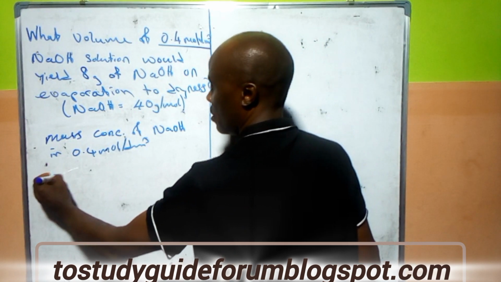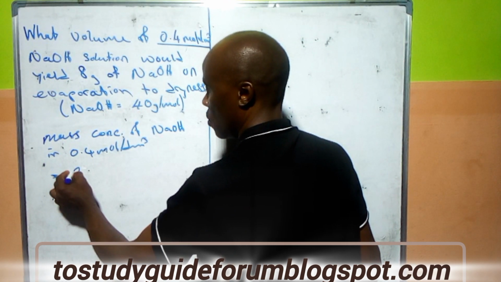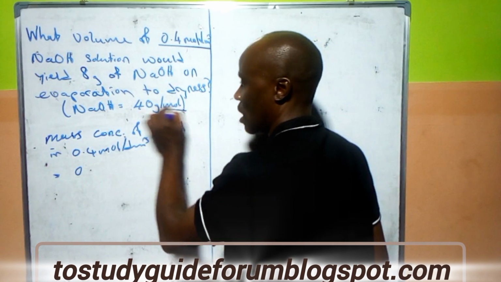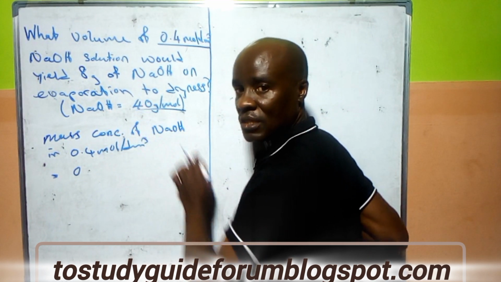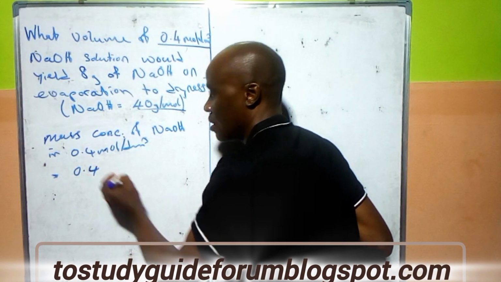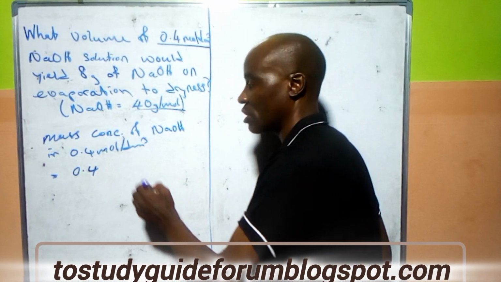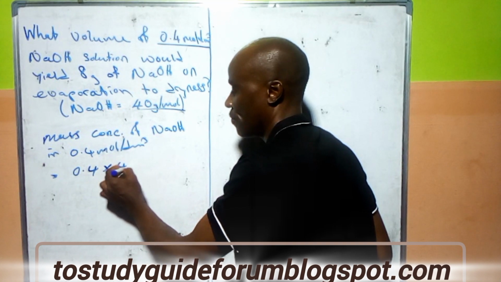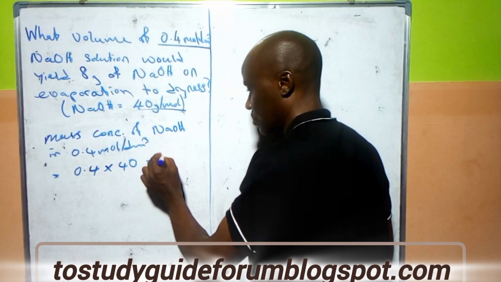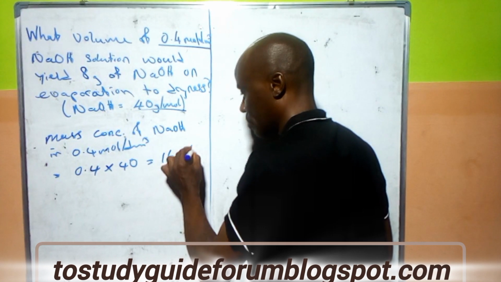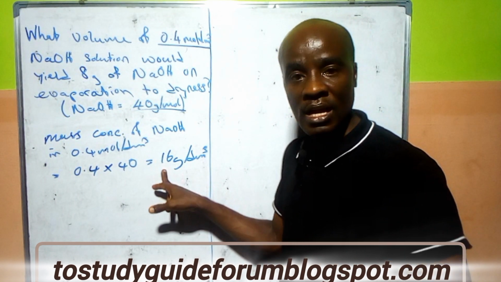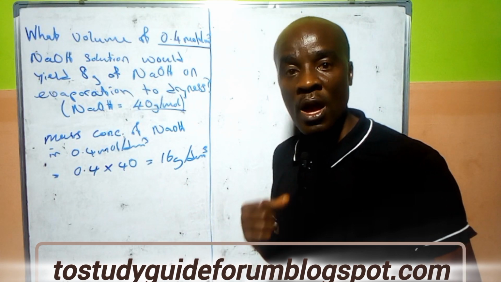Since it's the mole, what we have here is 0.4. We are given the molar mass, which is 40. Since our molar mass is 40, when we multiply by this number of moles in solution, 0.4 times 40, that will give us 16 grams per dm cube. That means in 1 dm cube of this solution, it has 16 grams of sodium hydroxide.